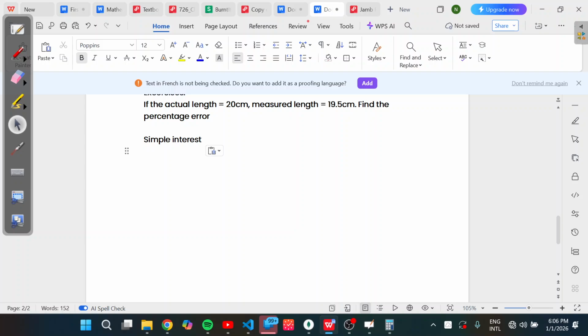So principal is not like the principal of a school or something. It's just the original amount of money that was borrowed or was invested.